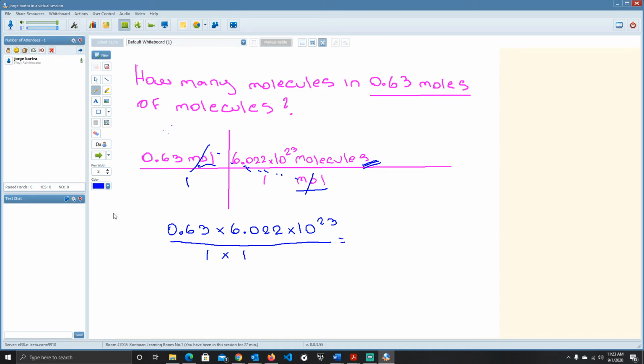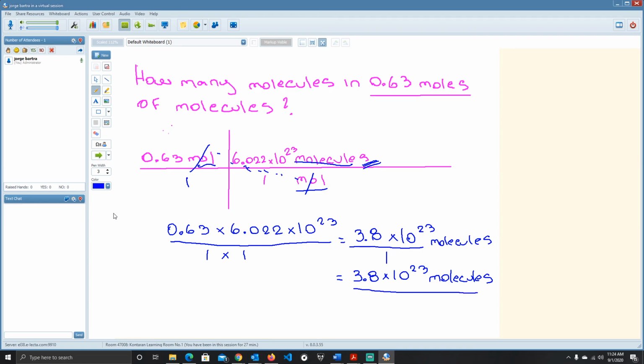Using my calculator, 0.63 times 6.022 times 10 to the 23 gives me a total of 3.8 times 10 to the 23 over 1, which we can just say is 3.8 times 10 to the 23 molecules. Remember, we stayed with our unit molecules, so here it will also be molecules.